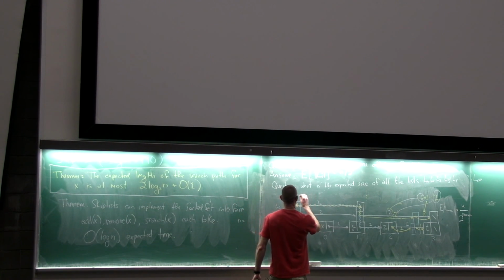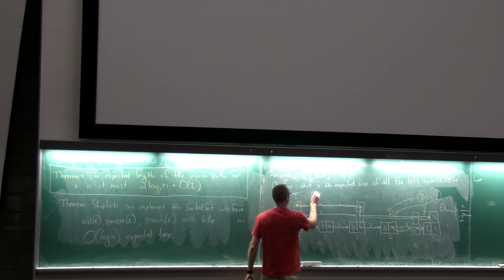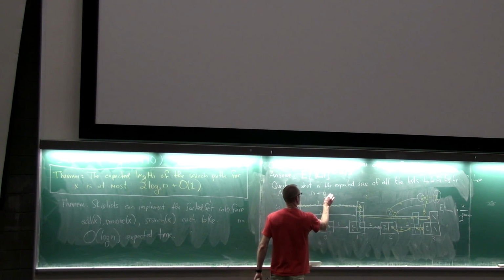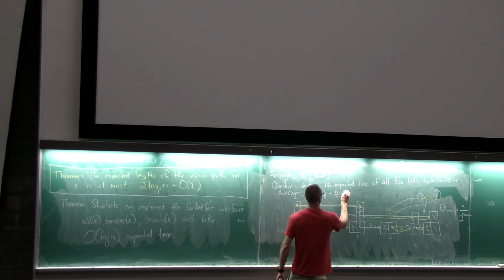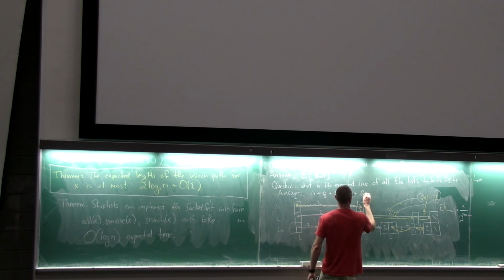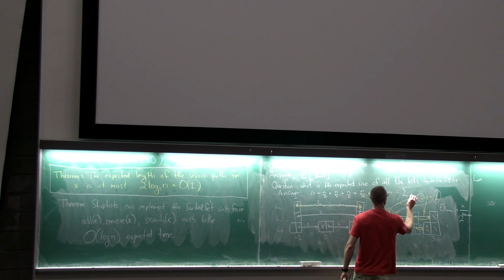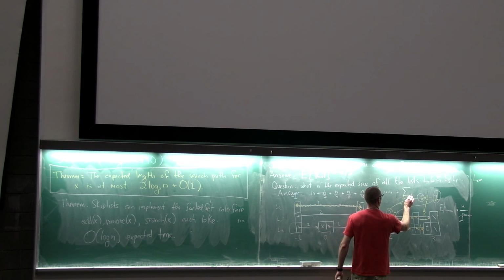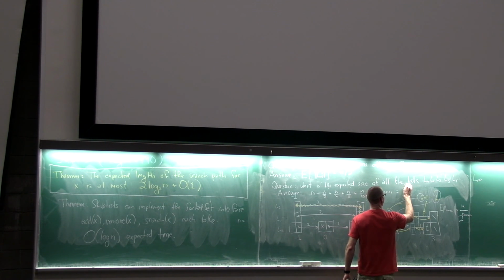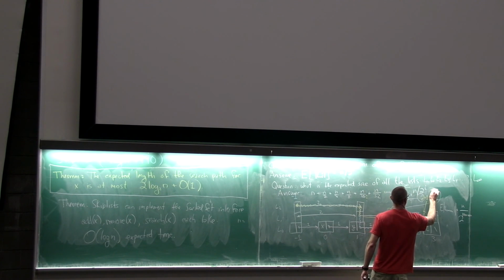So the answer is n plus n over 2, n over 4, n over 8, n over 16, and so on. And the condensed way to write that is the sum from i equals 0 to infinity of n over 2 to the i.